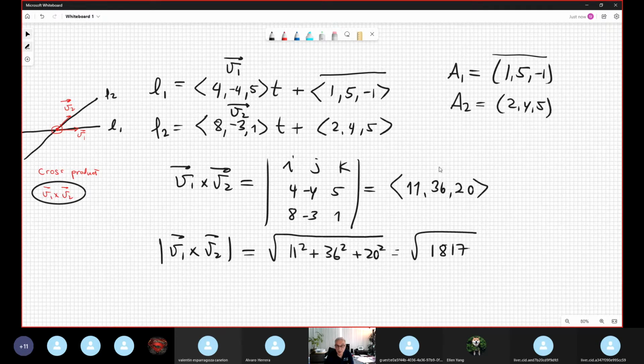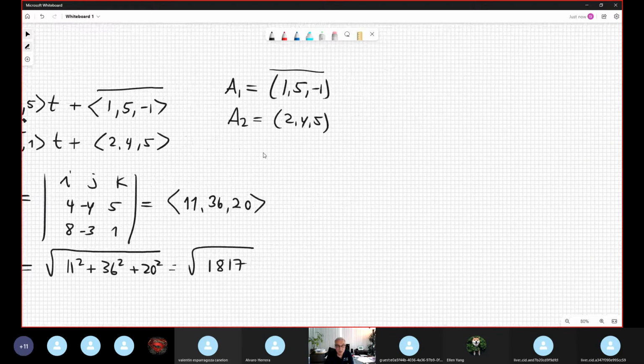Now we found the vector. Okay, it doesn't matter. I call A1, A2. You're subtracting. It's the vector in between 2 points. It's 2 minus 1, 1. 4 minus 5, -1.